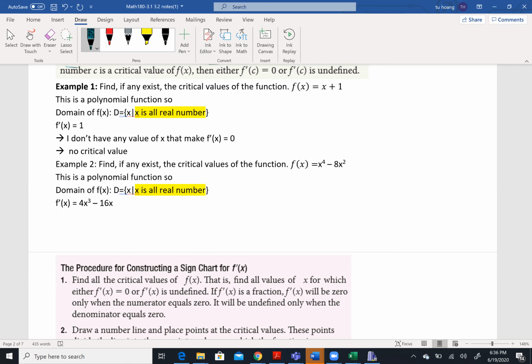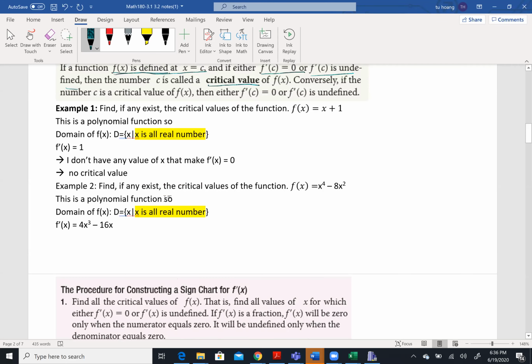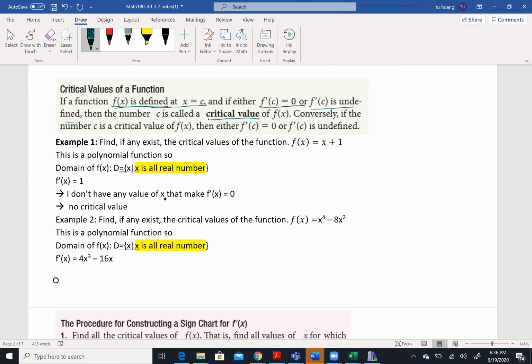You will have to make f'(x) equal to 0 in order to find the critical value, that is, f'(c) equals 0. So you need to make f'(x) equal to 0, and I'm going to solve for x to find the critical values, right?